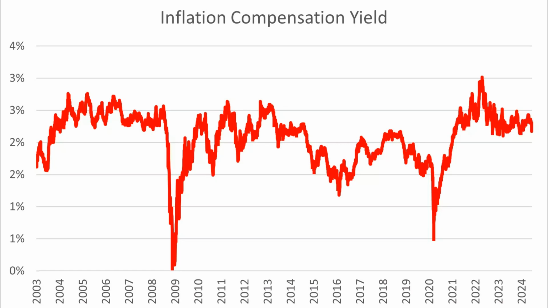First, let's look at what I refer to as the inflation compensation yield. What is this? To understand this, you need to think about what it is that as an investor you expect a yield to provide you with. The first and most basic thing that you want from the yield on a bond, at the very least, is to compensate you for the inflation you expect.